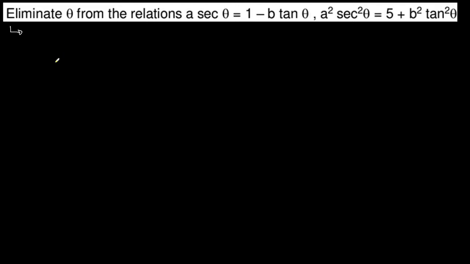So eliminate theta from the relations a sec theta equal to 1 minus b tan theta.